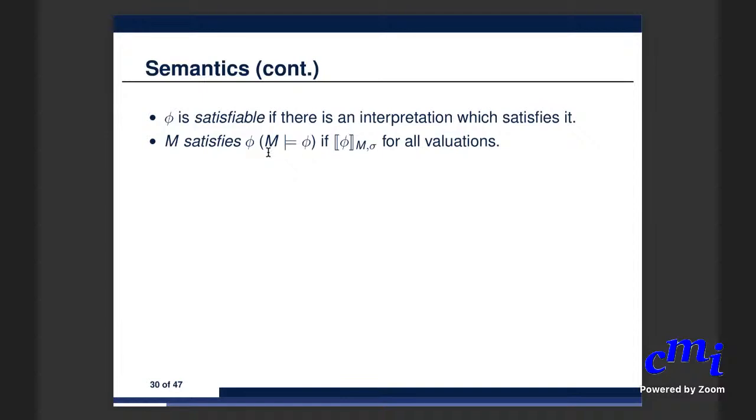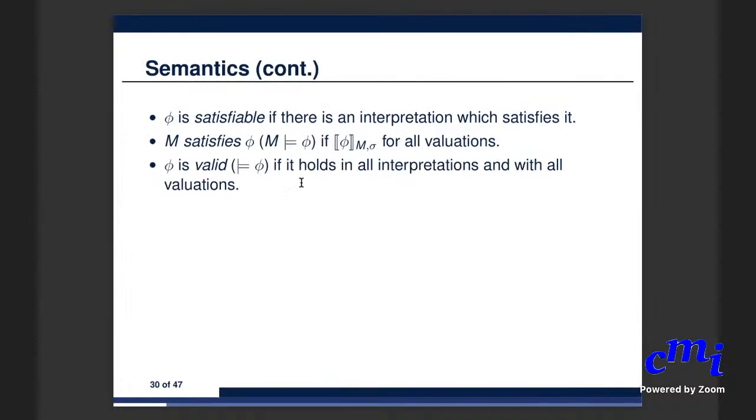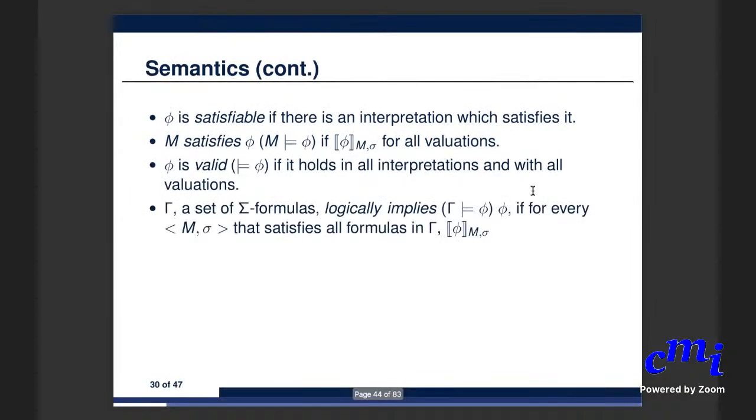A formula phi is said to be satisfied by a model if for all the interpretation that the model gives for the function symbols, etc., this semantic function should be true for all possible valuations sigma. If it is valid, it should hold for all interpretations for all valuations.